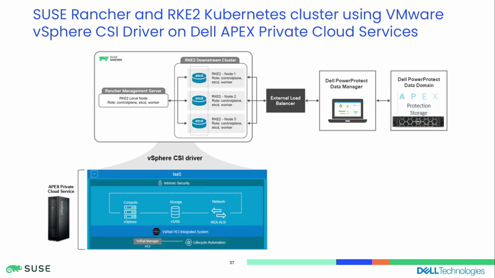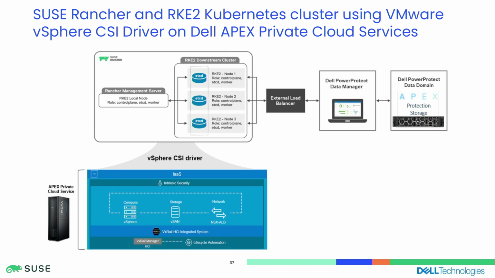So in these slides, we are highlighting when SUSE Linux Enterprise Server and Kubernetes, in this case RKE2, is running on top of Apex Private Cloud services, in this case VxRail. So you have VxRail, the VMs are SUSE Linux Enterprise Server.